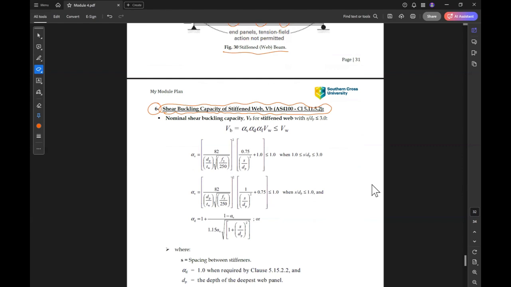stiffeners, because when we have stiffeners, the nominal shear buckling capacity, VB, for a stiffened web with S over dB less than or equal to 3 is this formula, where VB equals lambda V, lambda D, lambda F times VW, and should be less than or equal to VW.